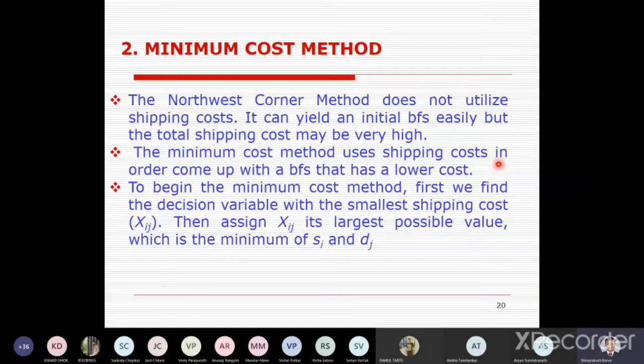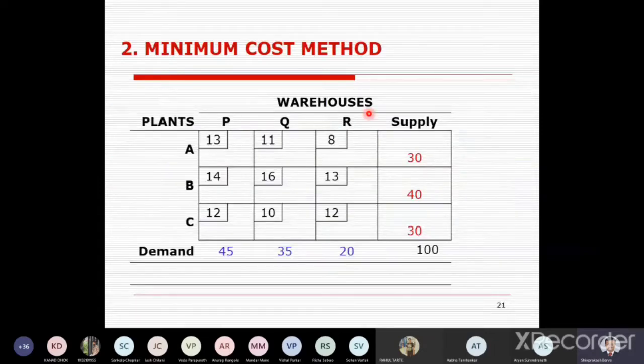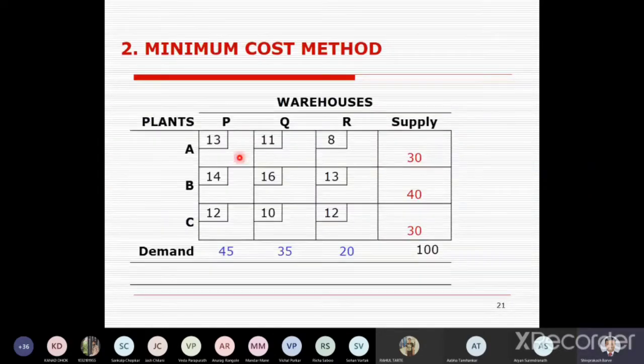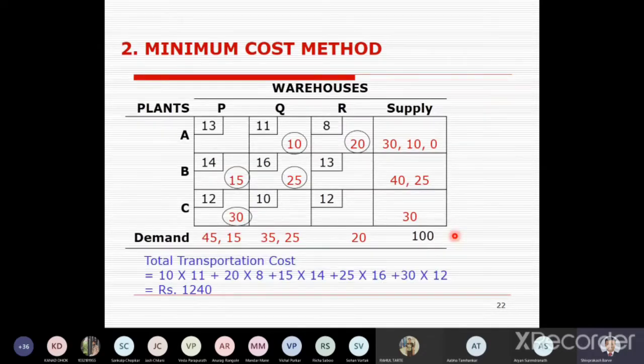Like this, we have to check by other methods, and for the other methods I will explain the procedure here. This is the actual procedure of the minimum cost method, the second method. In the same example, we will see how to solve this problem using the minimum cost method.